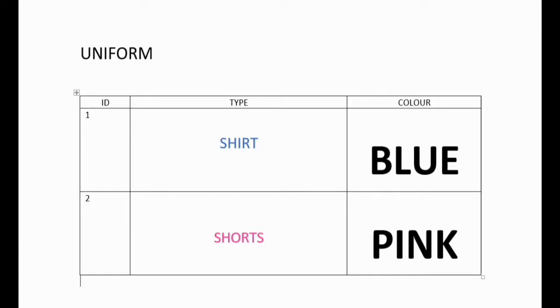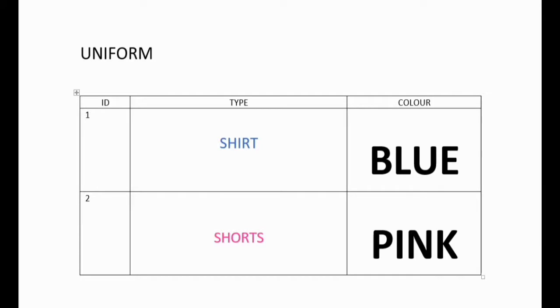Okay, so the data is shirts, shorts, color blue, and color pink. The fact is we can actually change the color of the type of uniform we have here, right? We can change it to yellow, pink, black, green, whatever we want to. Okay, and we have to use the update query.